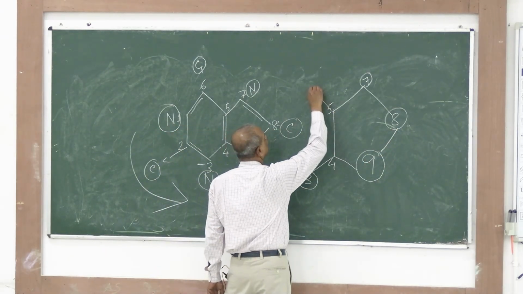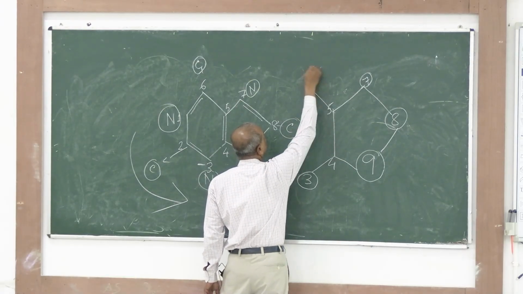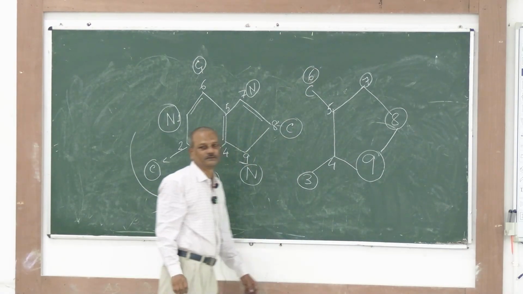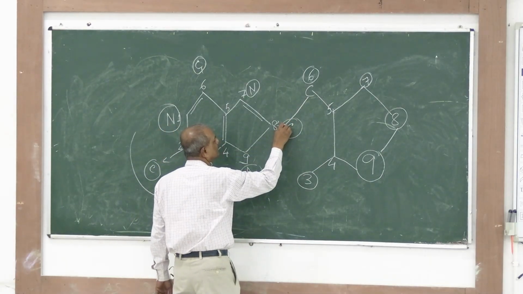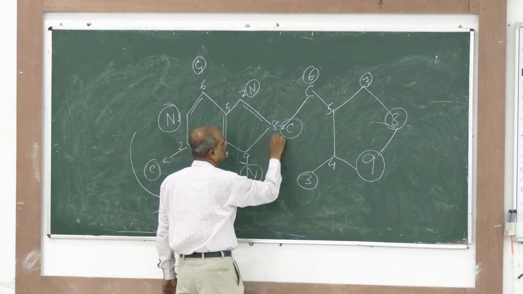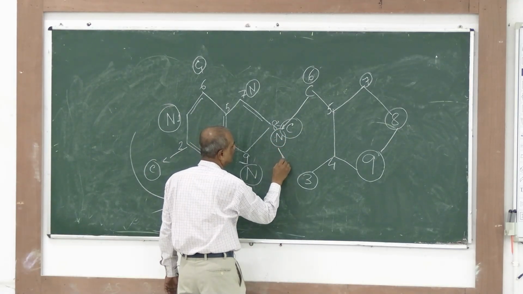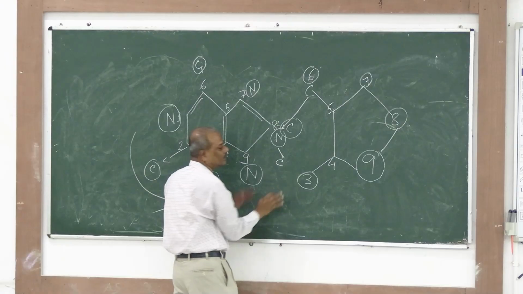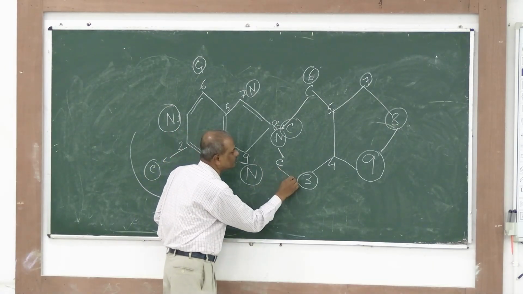In the next step, this C6 carbon is added, then nitrogen is added, then carbon is added, and at the last the pyrimidine ring is closed.